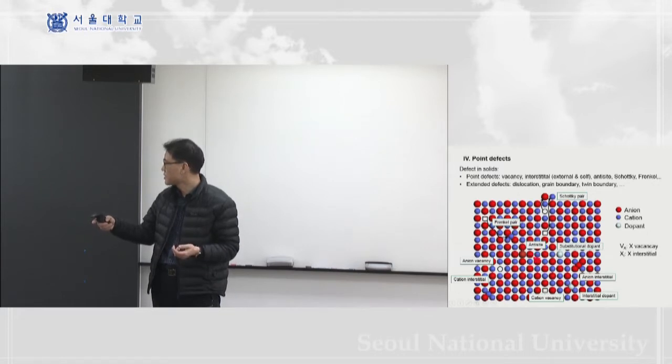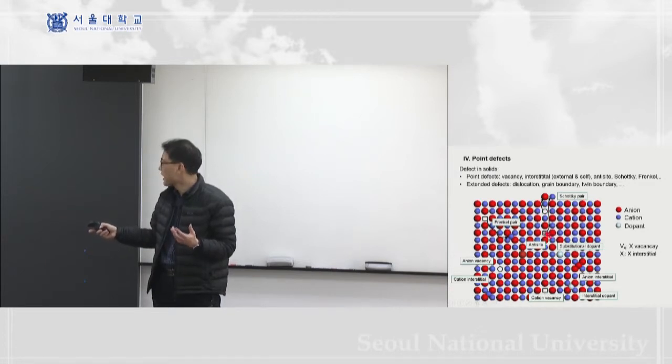And there are defect pairs, like the Frenkel pair, which is the pair of a vacancy and an interstitial atom of the same type. Or the Schottky pair, which means vacancies of both types, anion and cation.